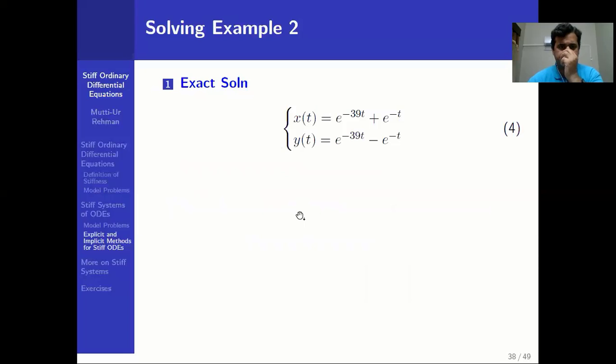So if you use some analytical method, the solution for this stiff ordinary differential equation is something like this, and you can see that you have these exponential functions which contain basically the spectrum.